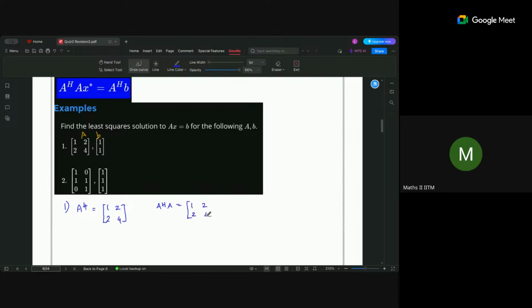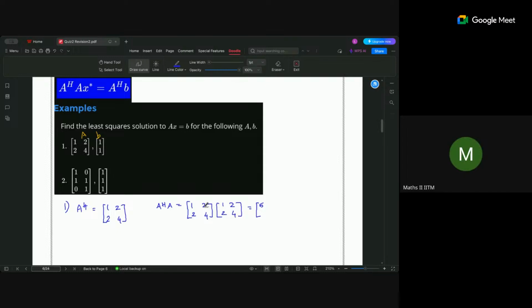Compute and tell me the resulting matrix. 5, 12, 12, 20.